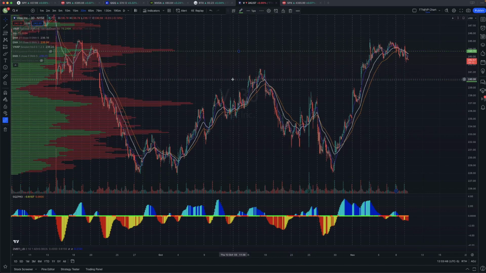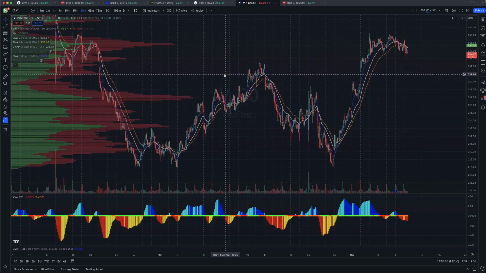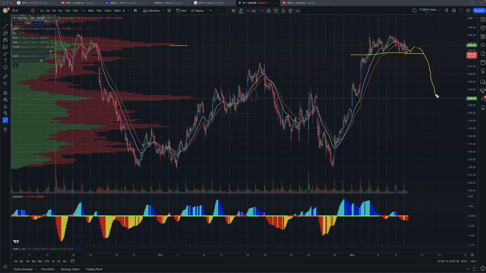Let's say I was trying to short Visa. I could short Visa down into, so you could absolutely do that. I'm looking for a break of this pattern here. What I'm looking for is price to come back, retest this level here, and then roll to probably find support at this level. Okay, so that could be your profit target.